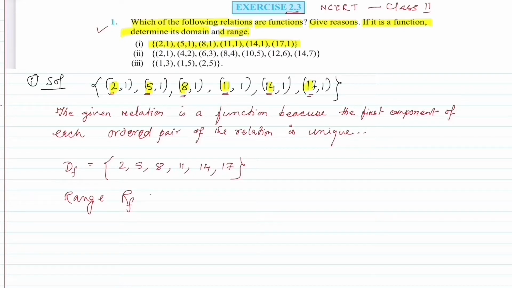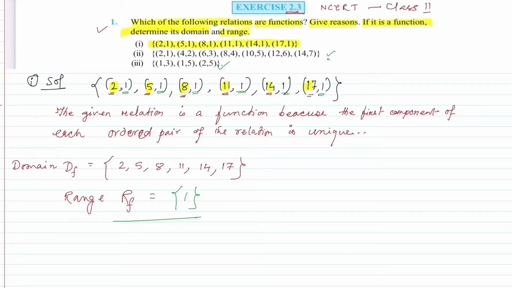Range of this function is the set of the second components of the ordered pairs. So what do we have in the second component? Only 1. So this is the range. That's how we can solve the remaining two as well.